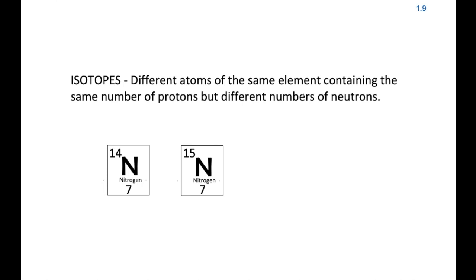So if there's any confusion at this point, I'll use nitrogen as an example. Nitrogen is the element, and the two atomic symbols shown here represent two different atoms, or two different isotopes, of nitrogen.